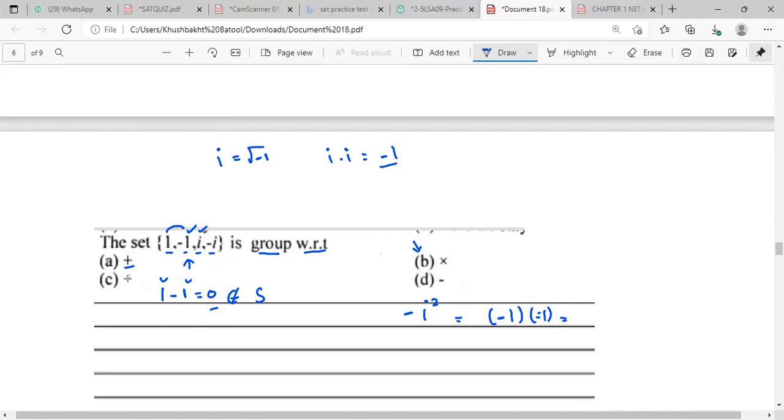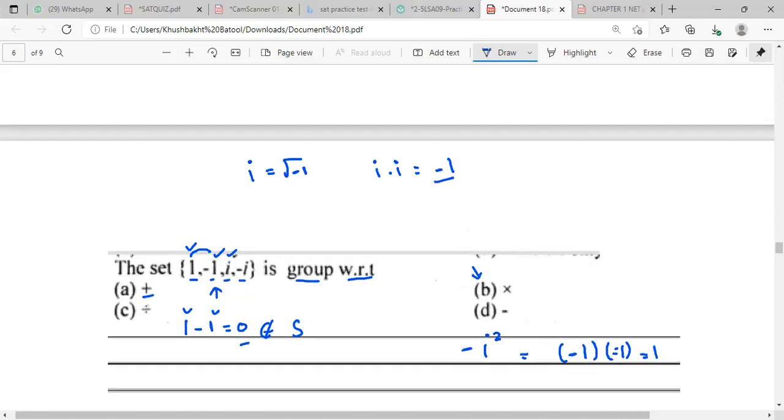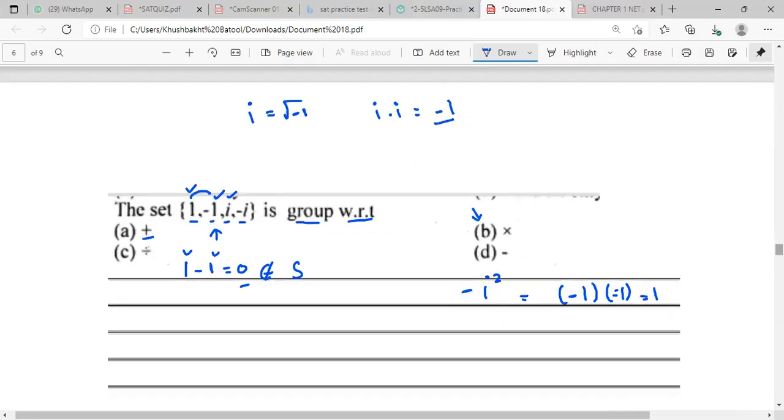We have 1. This means that the closure property is satisfied, right? Yes, ma'am.